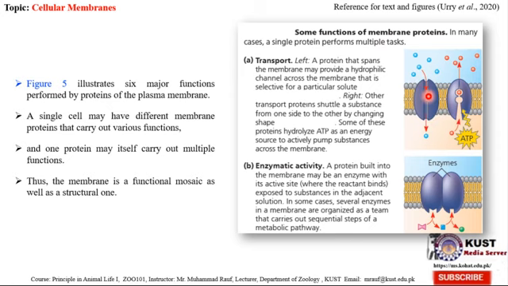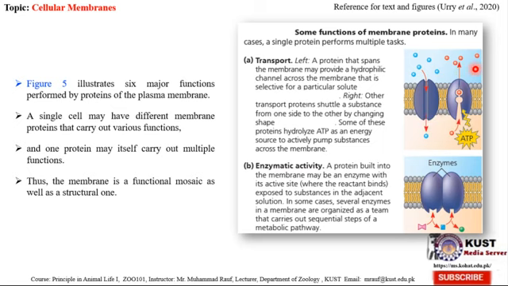So in such a protein, how are the hydrophilic molecules going to travel? These proteins have an inner channel, and the channel is hydrophilic in nature, so therefore the transport of molecules can take place in this hydrophilic channel.